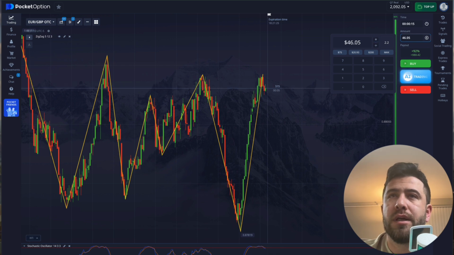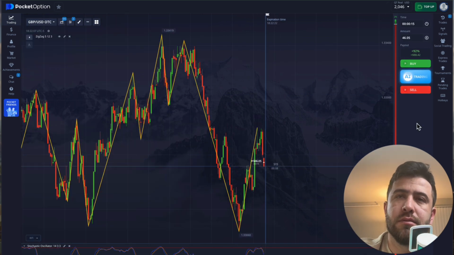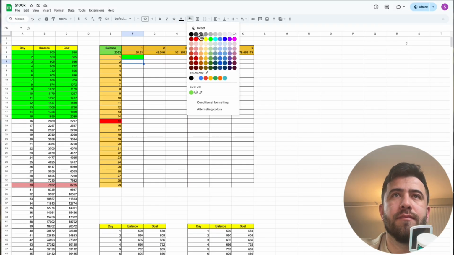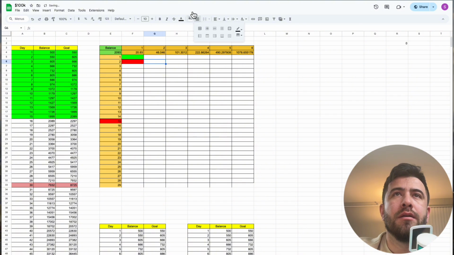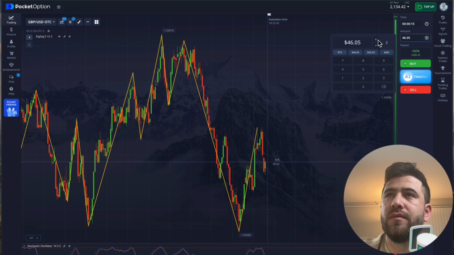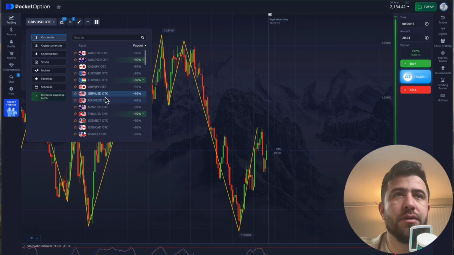We go for second level. And we don't forget to switch to the initial position for each trade, and let's look for opportunities again.